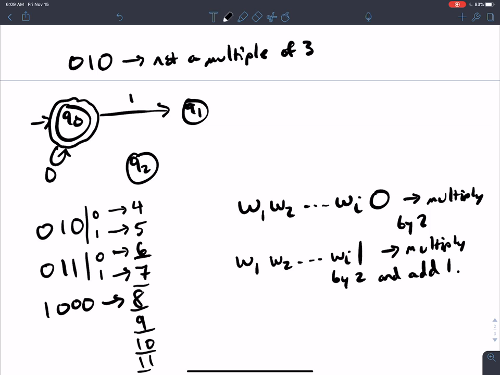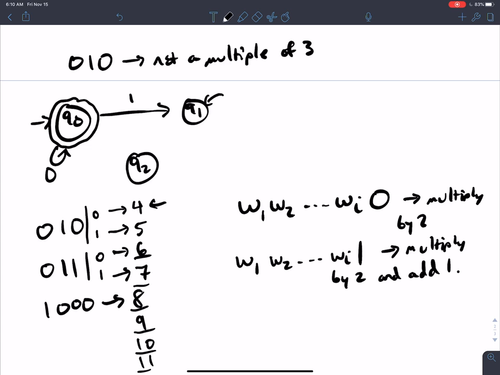So let's look at 4, for example. 3 was a multiple of 3, obviously. 4 is the one right after it. So we're at Q1 right now if we have read a 4. Not in the DFA that we had, but just in our idea. So Q1 is where we are after reading 4.